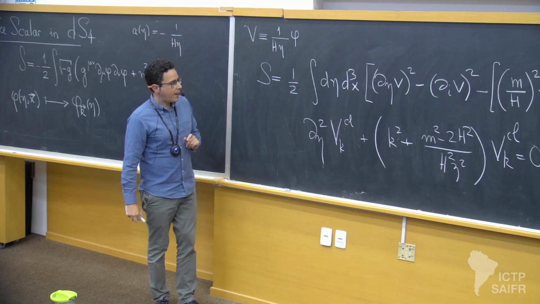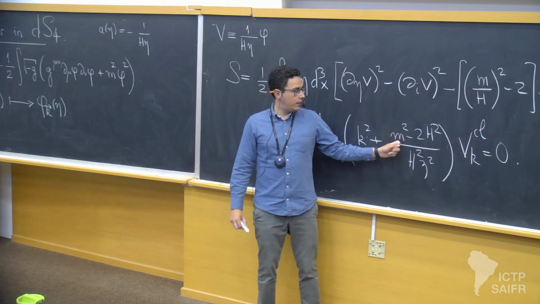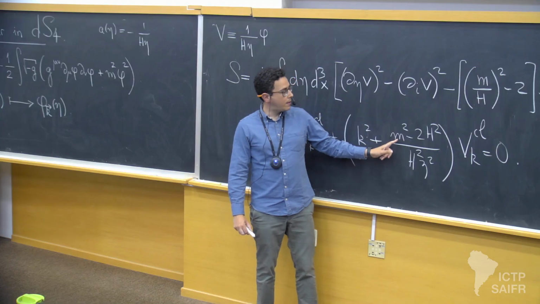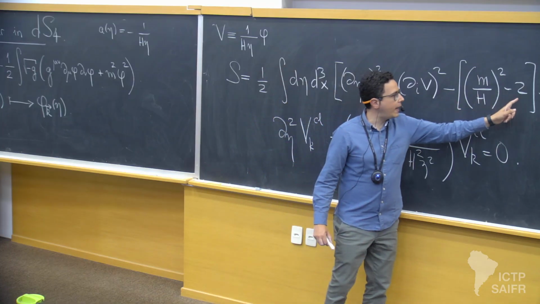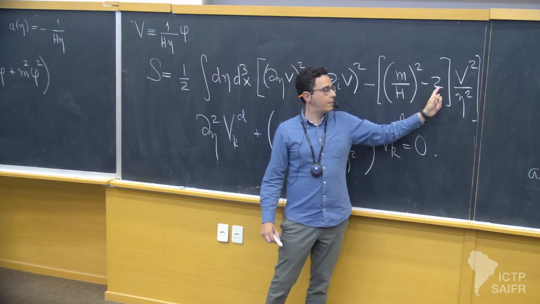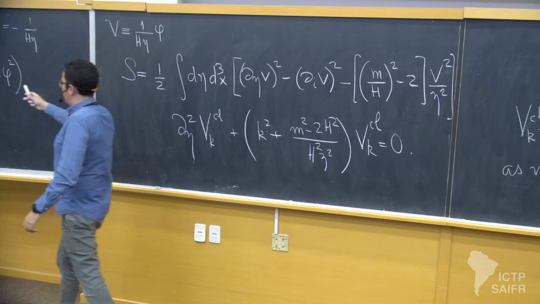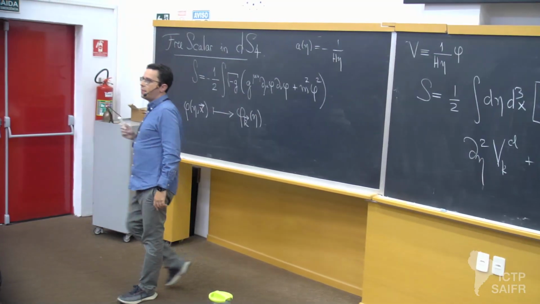Now, going back here, there's something interesting that happens to the mass term. In this way of writing it, it looks like the mass should not be bigger than 2 in Hubble units. But from this point of view, you can take any positive mass that you want.